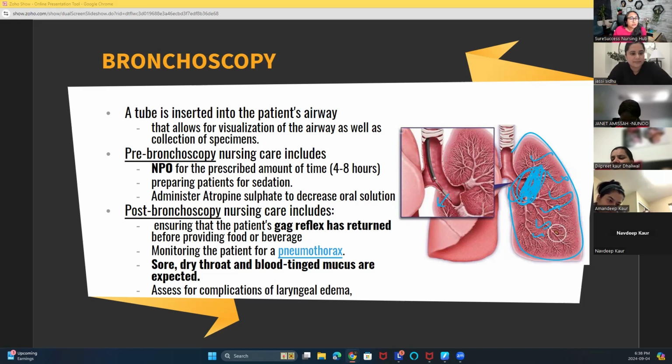Hoarseness of voice. We don't want it, but it is one of the complications. You can tell the doctor, maybe we need to give some anti-inflammatory drugs to this patient. Always think, the larynx is just over here. It can happen.